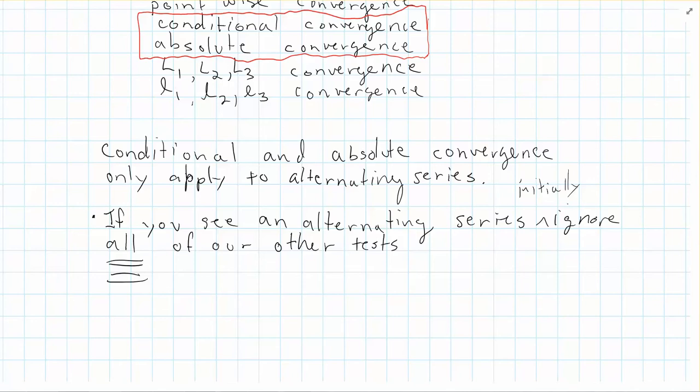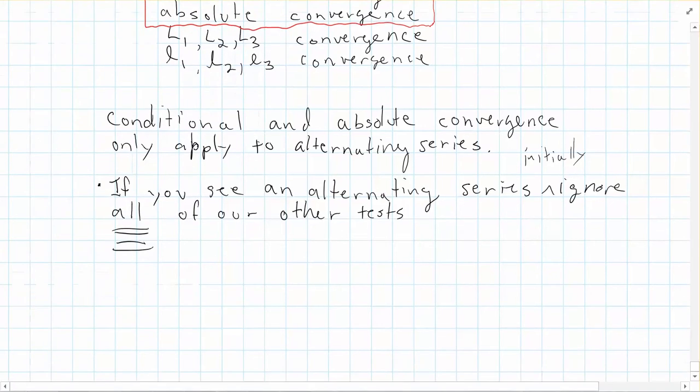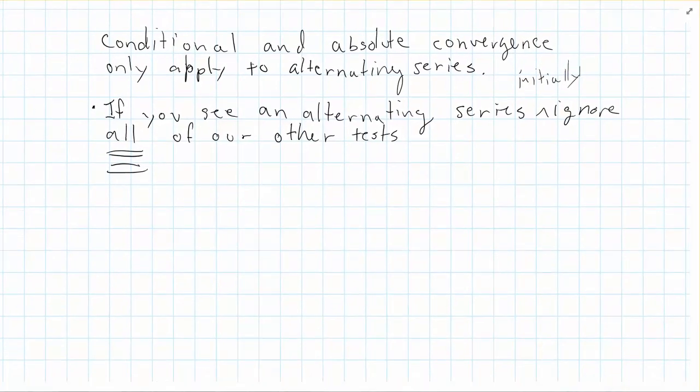now we have to talk about how do we determine whether an alternating series converges. Now, the thing that messes people up here is that they try and use the test for alternating series for other series. This is only for alternating series.